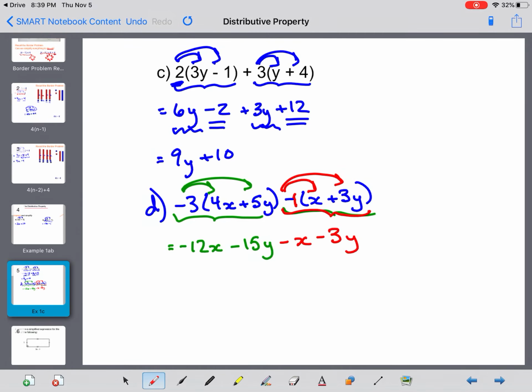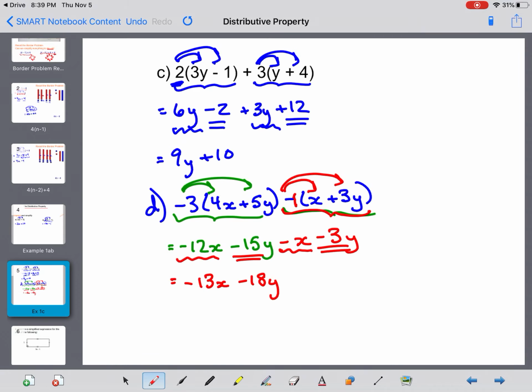And so then we can continue to solve this. We have some like terms. So negative 12x minus x is negative 13x, and negative 15y minus 3y is negative 18y. And just recall from when we were talking about like terms that you can only combine things that are the same.